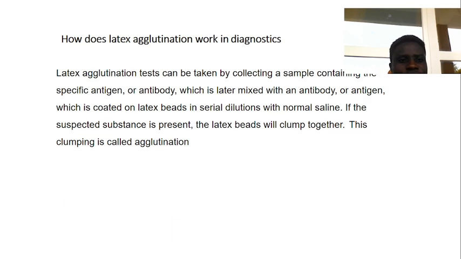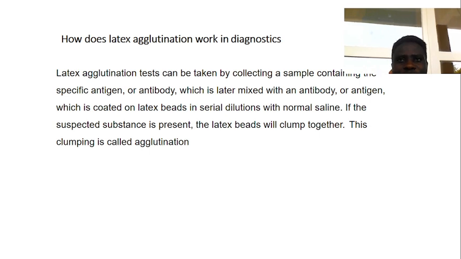They also discuss latex agglutination. The latex agglutination is a test that collects a sample containing specific antigen or antibody, which is later mixed with antibodies or antigen.